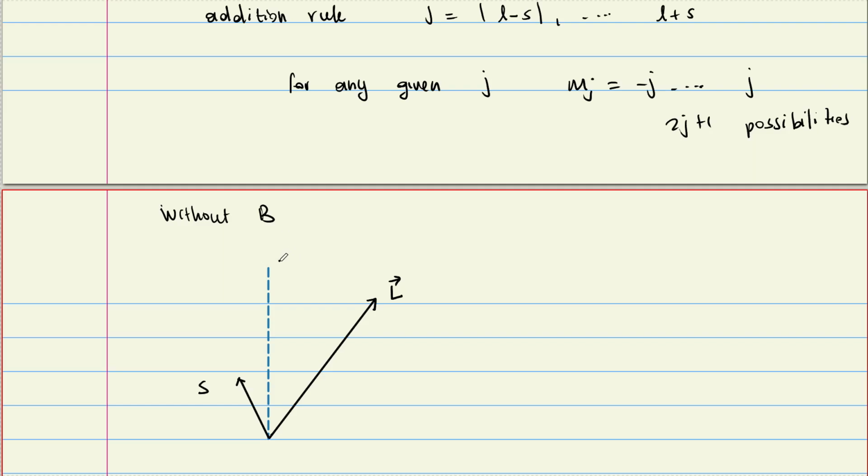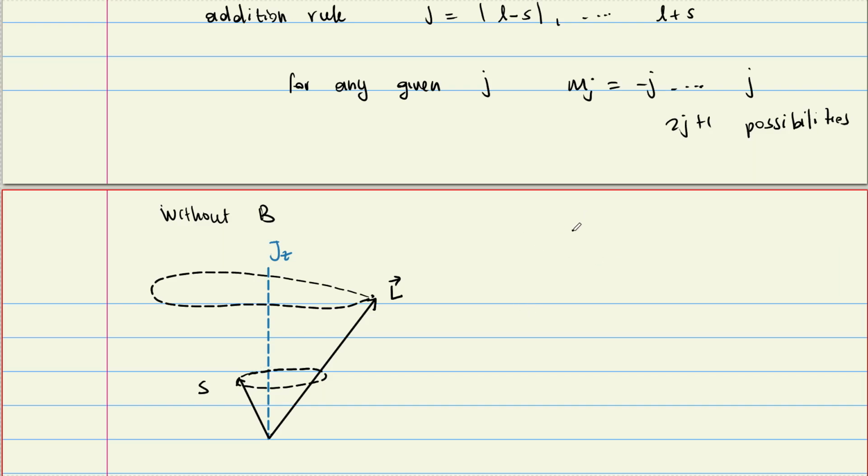So this is the JZ direction, right? Of course, I cannot write it, but I can imagine it to be this way. And L is precessing around JZ, and S is precessing around JZ. This is the picture. So this is my L, and this is my S.